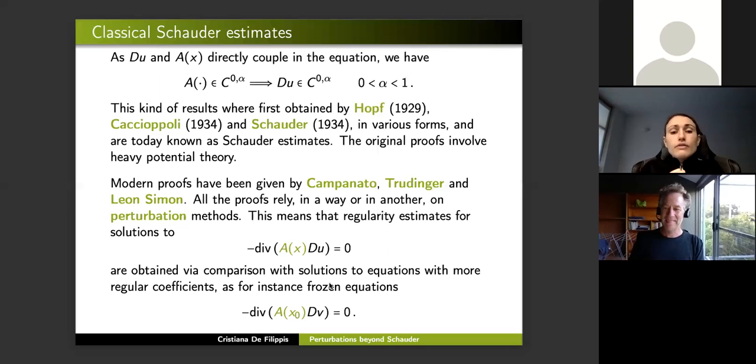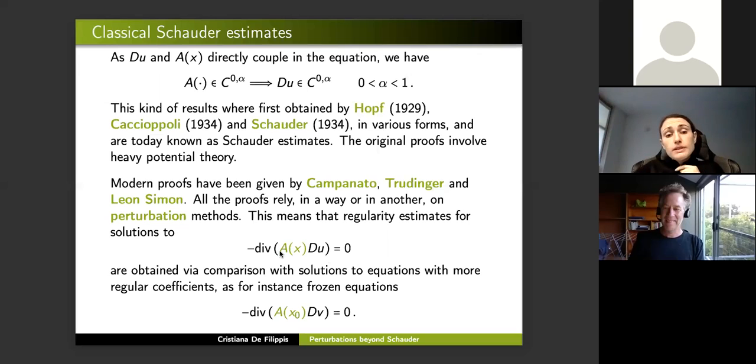And these kinds of results are, I repeat, classical, and were first obtained by Hopf, Caccioppoli, and Schauder in various forms, all of them heavily relying on potential theory.